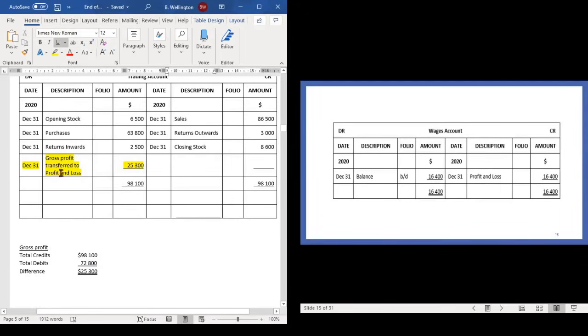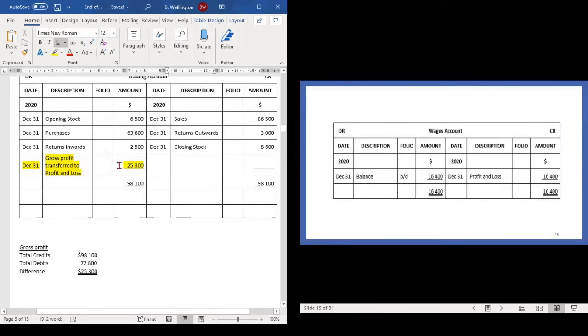But we're not going to call it a balance carried down. This is your gross profit. Okay, this difference between what you got from selling the goods and the cost of purchasing the goods, that difference is your gross profit.